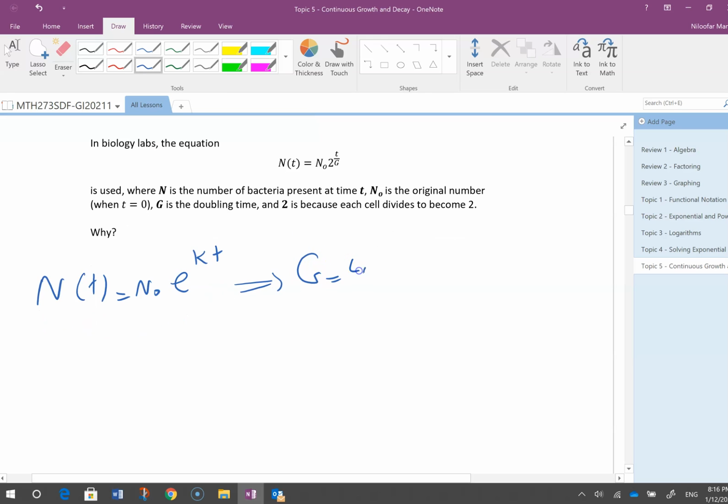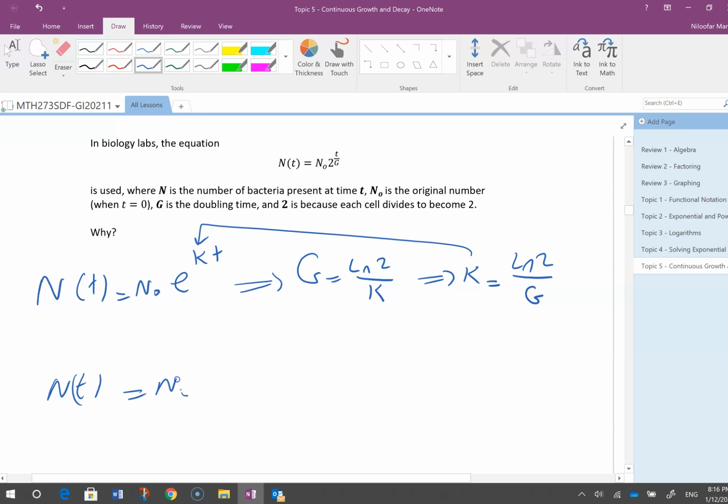So what is k? Here is math 171, you are solving for k. It's ln 2 divided by g. Now I substitute: nt is n0 e power ln 2 divided by g, everything times t. I want to show it this way.